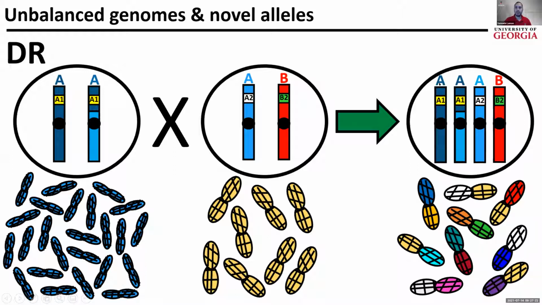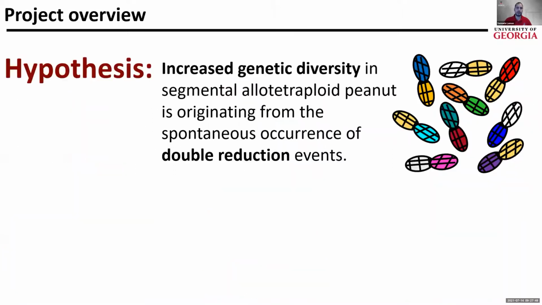In fact, you can notice here that the genome is composed of an AAAB composition instead of an AABB composition. And this creates a lot of diversity and novel allelic combinations. And so it creates traits that can be used by plant breeders for their breeding programs to create new varieties.